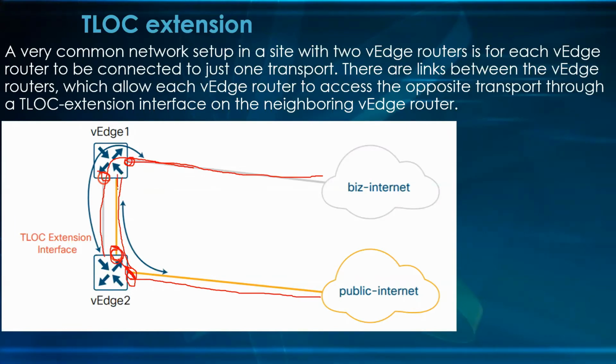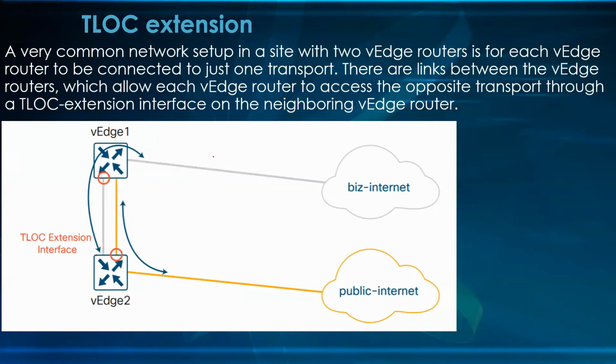When this router sends traffic, it is mapped to the physical interface of the ISP, and the same in the reverse direction. So both vEdge routers have both the internet links, or both the colors, available.